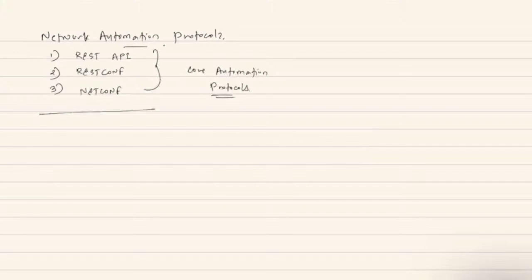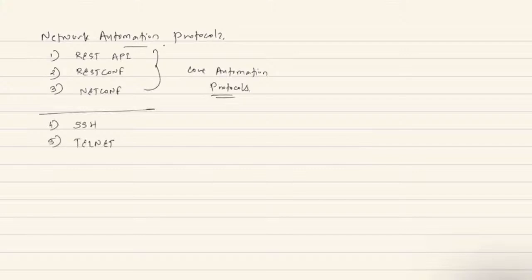For example, we still use SSH as our major remote management protocol whenever it comes to configuring devices, and then we also use telnet, which is another remote management protocol that we use in order to make communication possible from one point to the other.